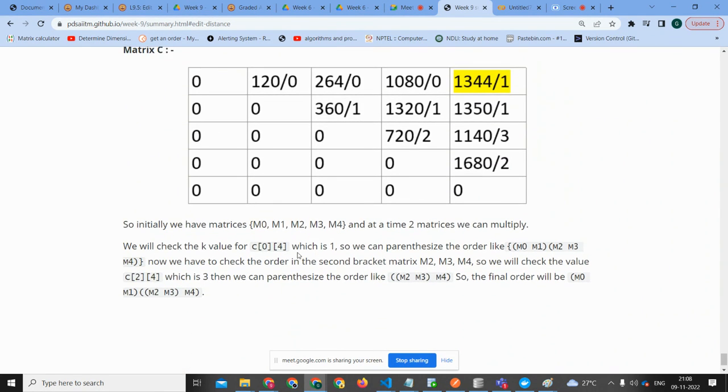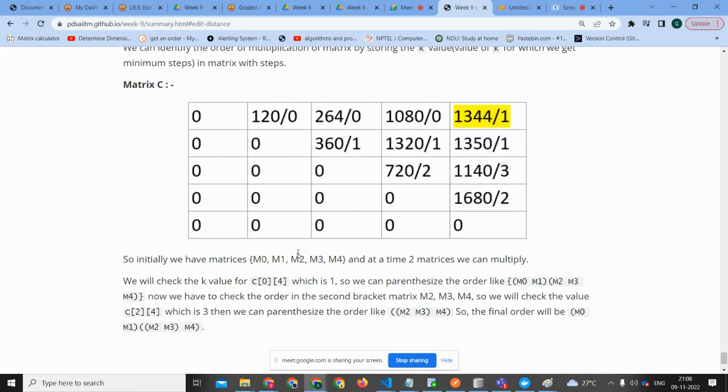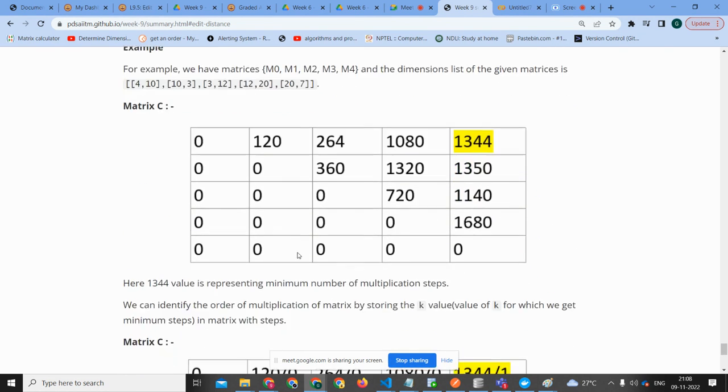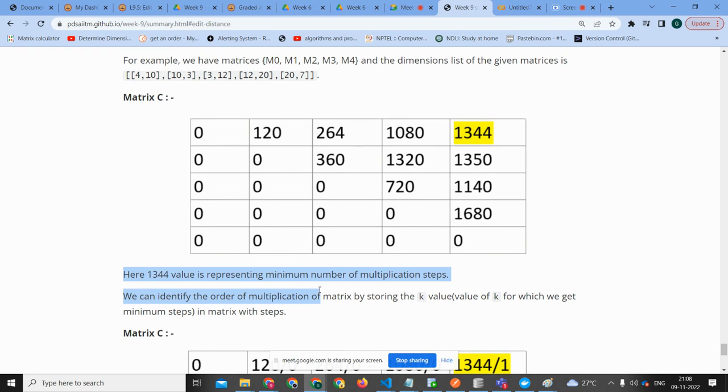We should try to understand this also, right? No, only this I think. This is giving the answer. Maybe if we understand these tables, we are done. Here the value 1344 is representing the minimum number of multiplication steps. We can identify the order of the multiplication of the matrices by storing the k value.